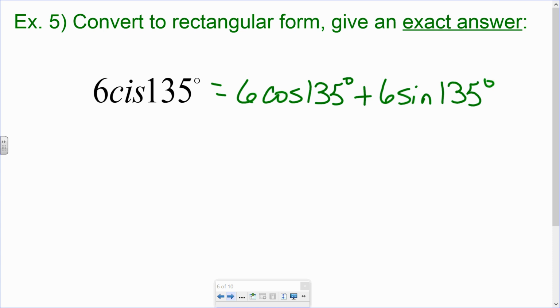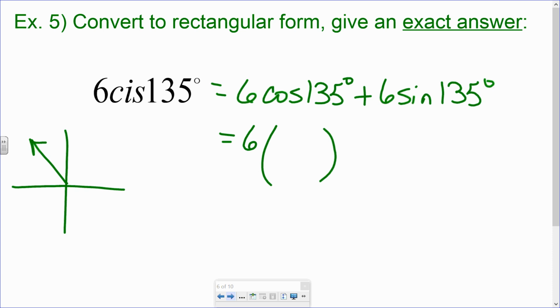Do we know the cosine and the sine for 135 degrees? Sydney, what's the cosine of 135 degrees? If this is my 45 degree angle, what's that x value going to be when I'm right smack in the middle of the second quadrant?